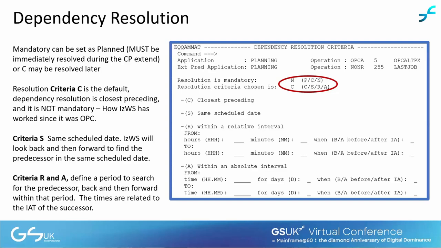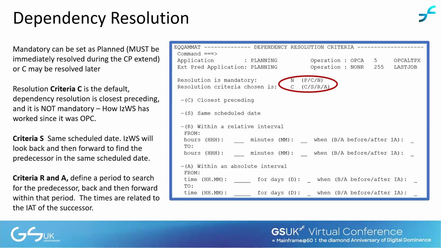So, if you have, say, a repeating job, and it's only the one at 5 o'clock that wants to wait for something, then you can use the before and after to say maybe 2 hours you want to look back before your successor's input arrival time to 2 hours after your successor's input arrival time.